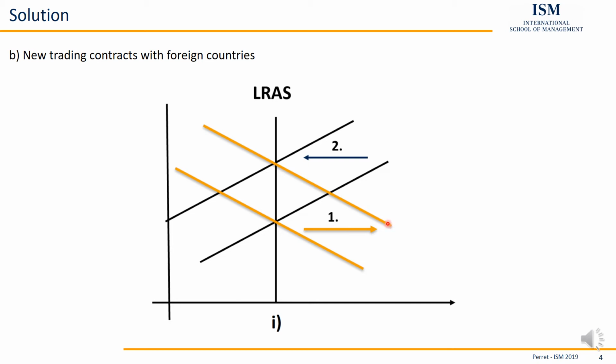The problem, however, is that, again, we have two possibilities. If companies react in such a way that they also expand and produce more, if still possible, then we would get a rightward shift of the LR AS curve.